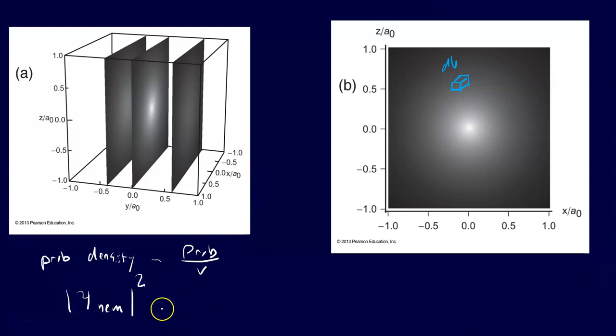So that, in theory, is a 3-dimensional beast. And so you get pictures like this here. There's a 3-dimensional space. So here we've got all the x, y, and z axes, and you're just looking at a dimensionless axis. So it's just the position divided by a sub 0, which is the Bohr radius.